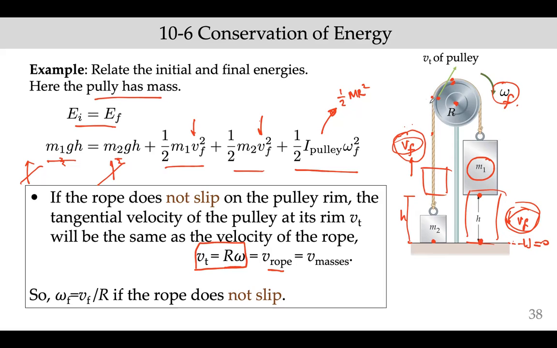And we know that the speed of the rope is the same as the speed of the masses, which we call V final in this problem. So from here, if there's no slipping, there's a relation between V final and omega final, and it's written as this one.